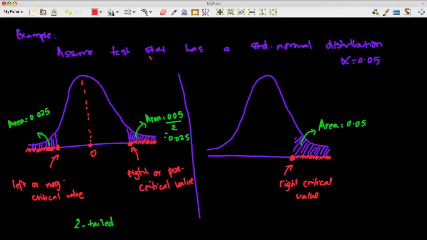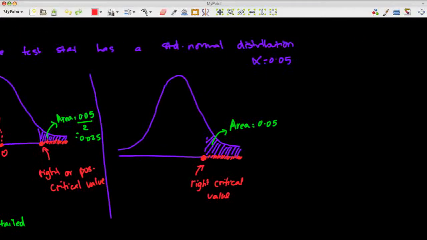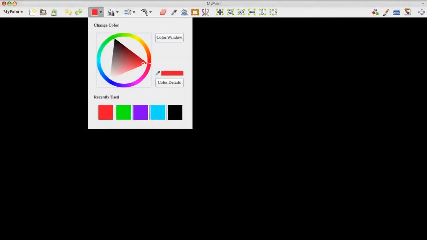And the last case is a left-tailed test. So for a left-tailed test, we could sketch out the distribution first.